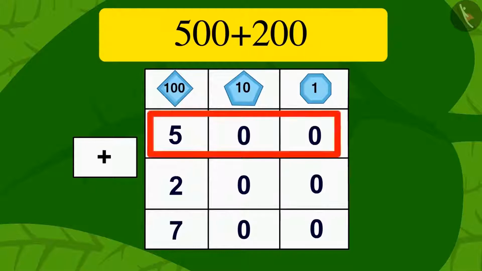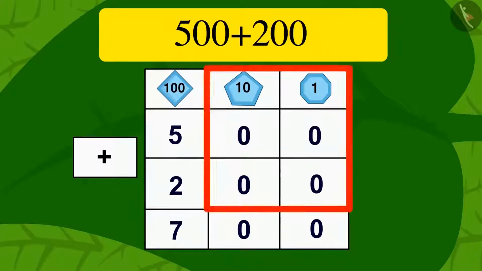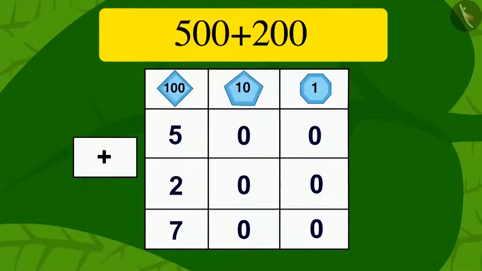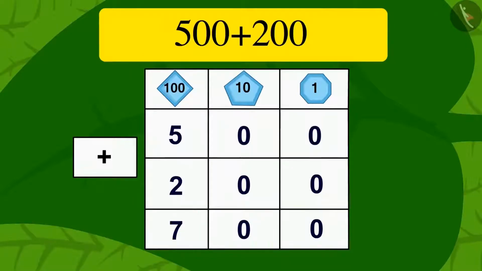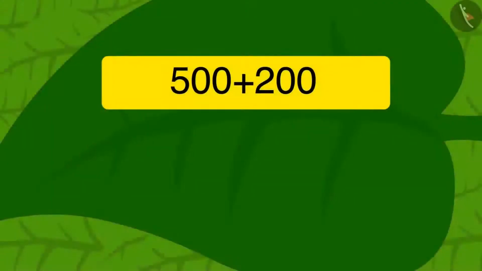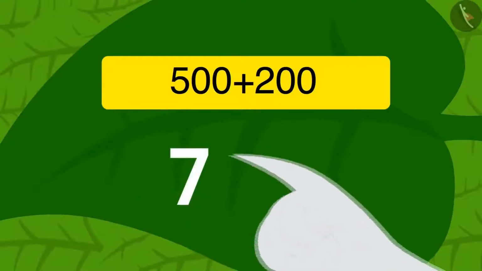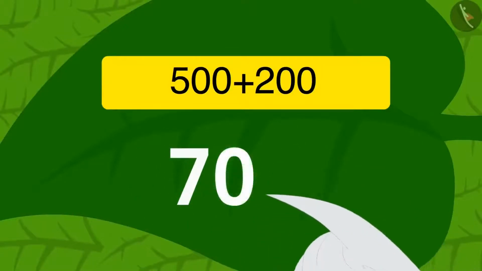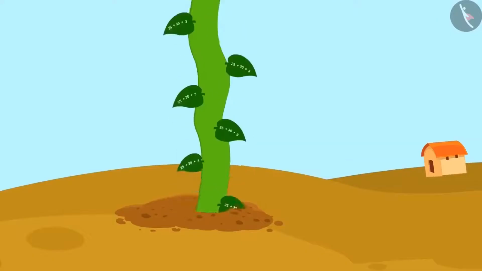Children, remember, if any two 3-digit numbers have only 0 in the tens and ones places, we can quickly find the solution to that addition by adding the two numbers written in the hundreds place and adding 2 zeros behind it. Like what Meenu did, Uncle too wrote the answer to the riddle, 700, on the vine leaf with his finger. And then again, the vine sunk into the ground and got shorter.